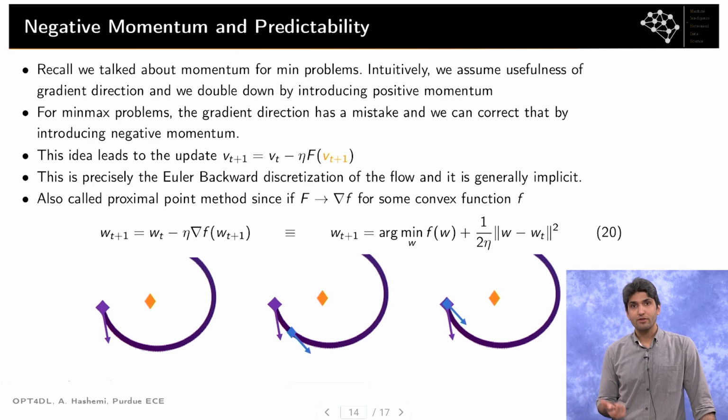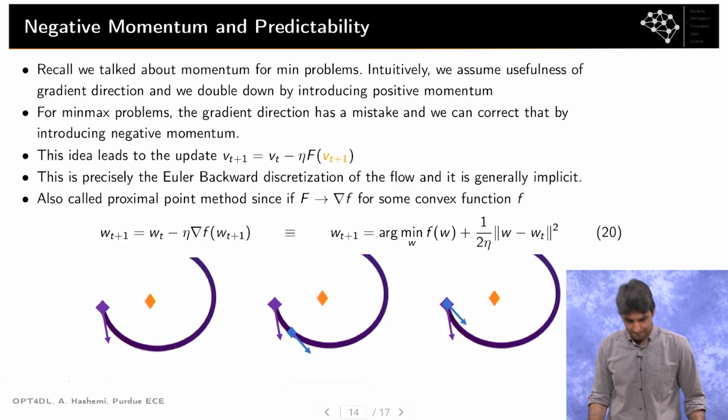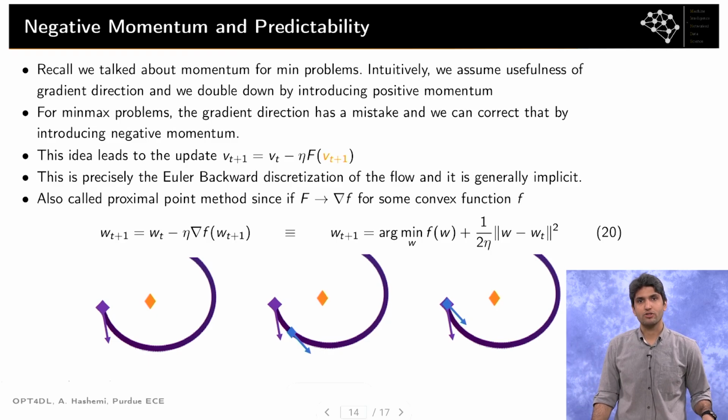What we can do, however, is to correct the direction of the gradient by using negative momentum. So inherently, the direction has some mistake. I don't want to use positive momentum to make more mistakes. I use negative momentum to fix that mistake. So that's the main idea. Now, the big question is, how can we fix this issue?